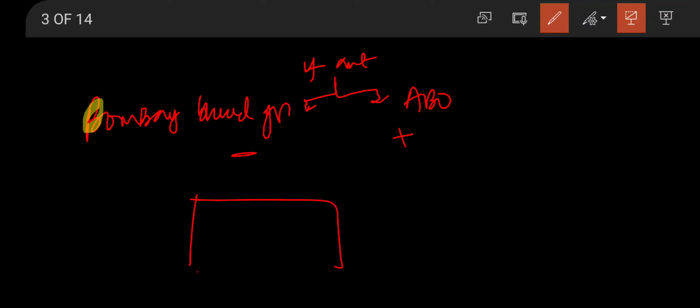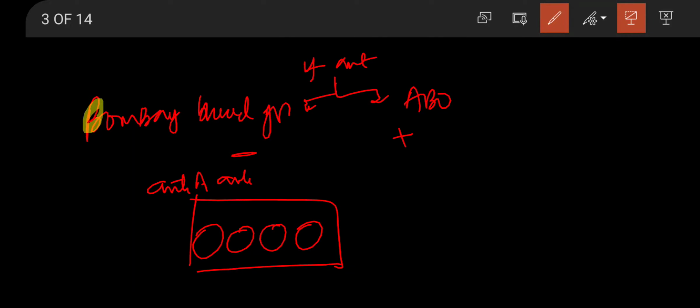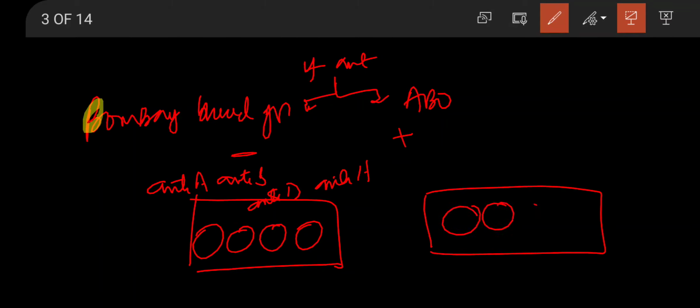So in blood grouping, suppose you are adding anti-A, anti-B, anti-D and anti-H on 2 tiles. In one tile you get clumps here. In the other tile you do not get any clumps.